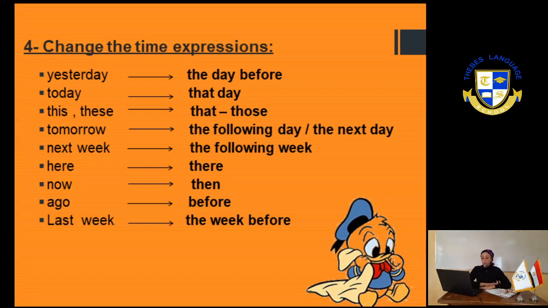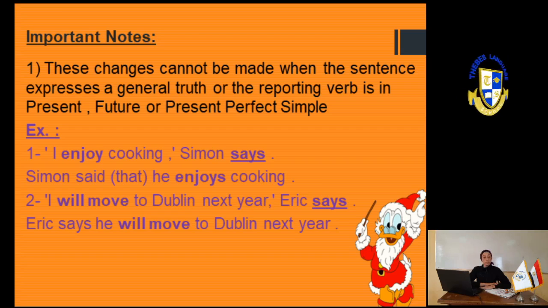Now let's move to slide number 6 in order to check some of the most important notes that we are going to have today, to be sure about our answers when we answer the next questions. Let's start. These changes can't be made when the sentence expresses a general truth or when the reporting verb is in the present, future, or the present perfect simple. Okay, they are very easy.